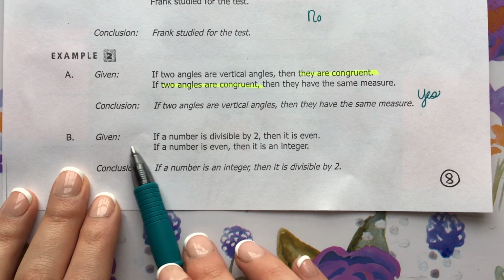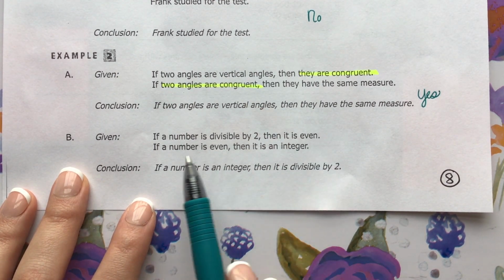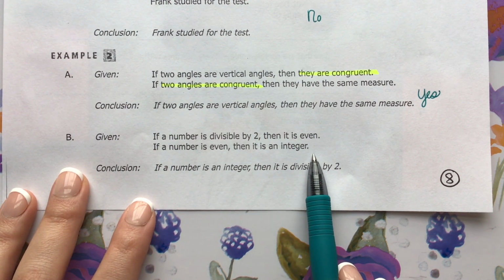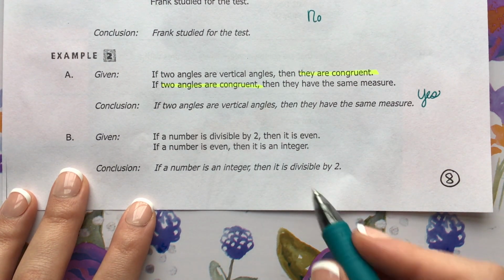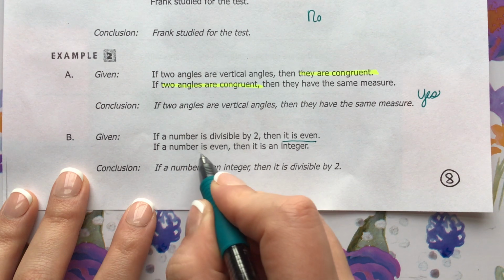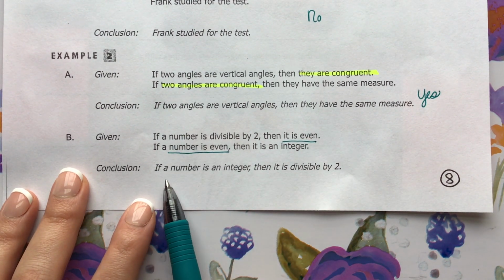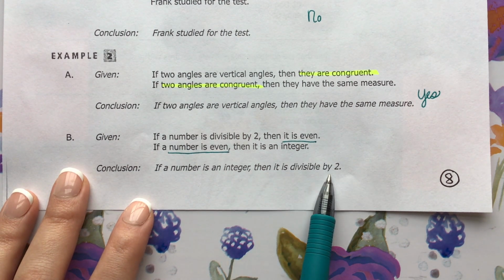For B, it says, if a number is divisible by 2, then it is even. If a number is even, then it is an integer. So once again, we do have "it is even" at the ending of the first and beginning of the second. And then it says, if a number is an integer, then it is divisible by 2.